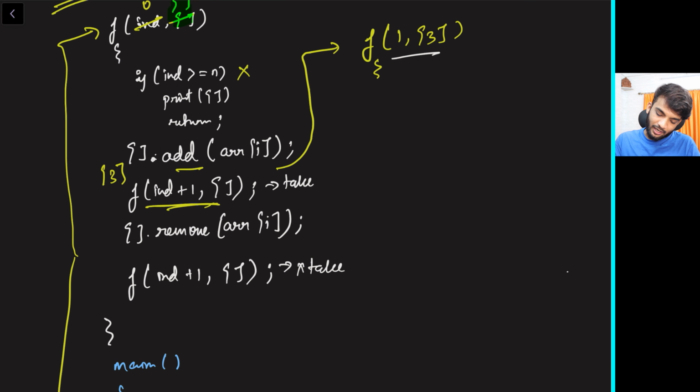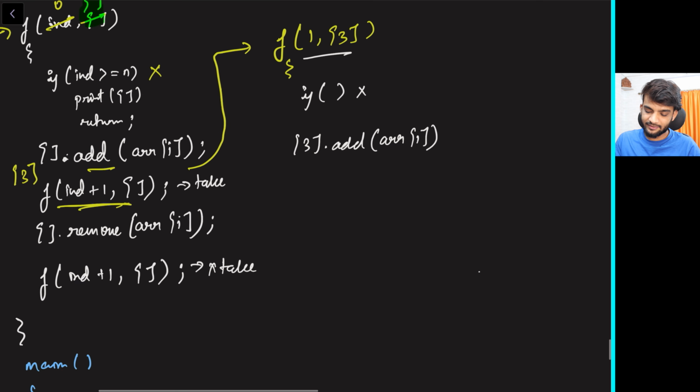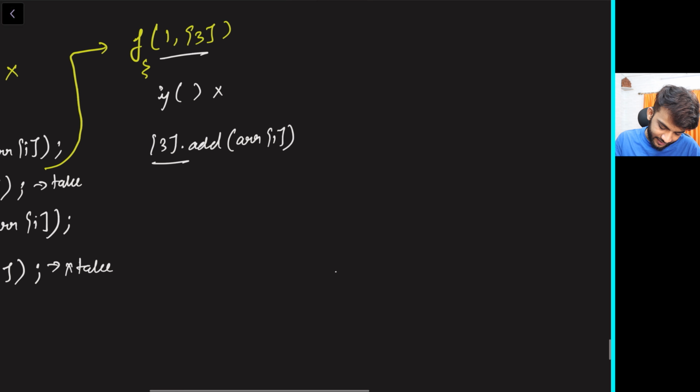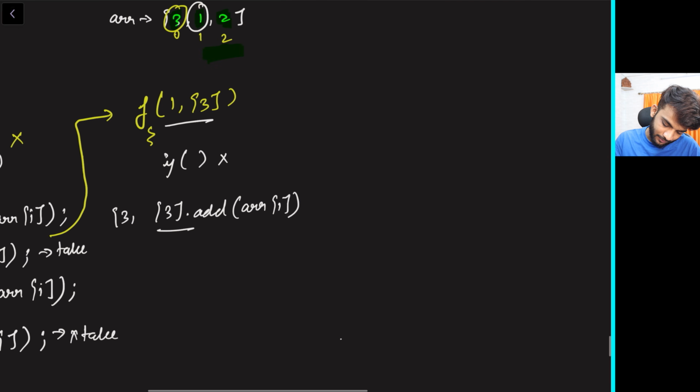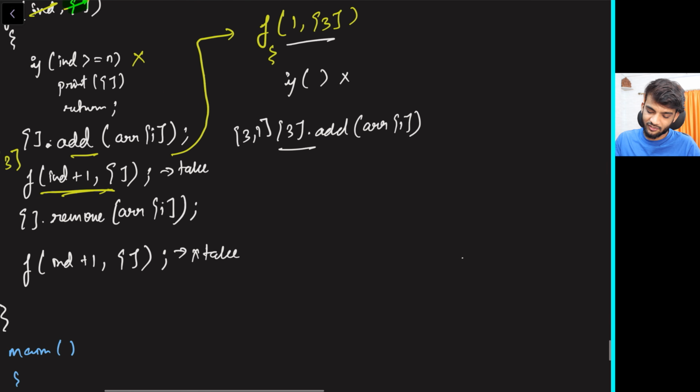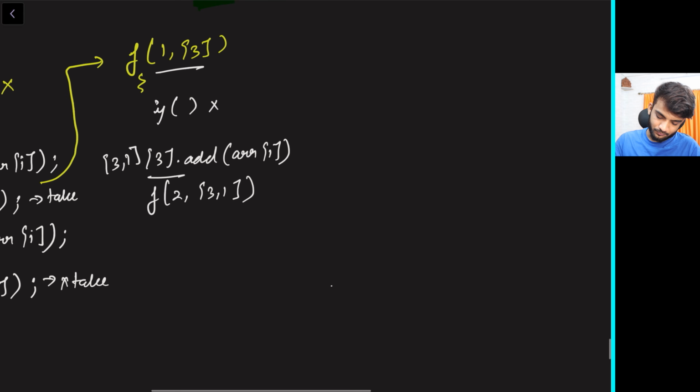Now again the base case will not be executed, and you will again add array of index 1. Thereby the array is now 3 comma whichever is at index 1, which is 1. After that you do f of index plus 1, which is 2, with the array 3 comma 1.